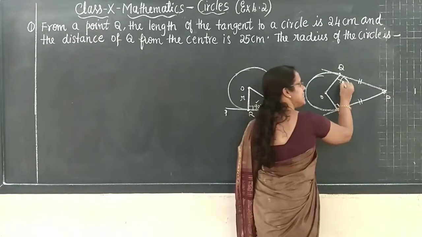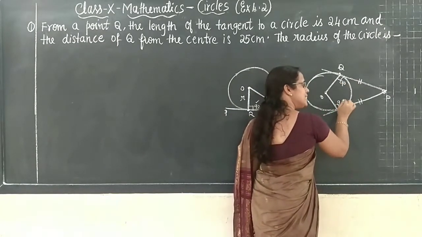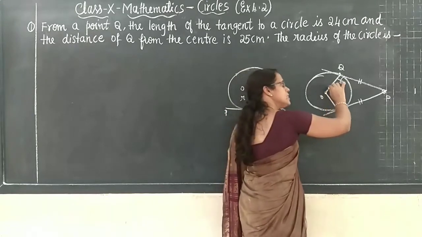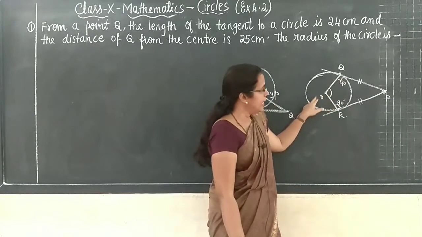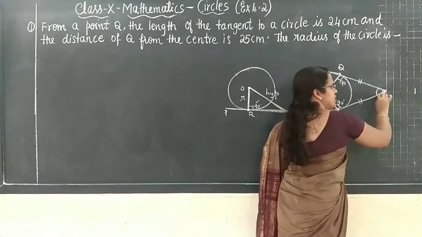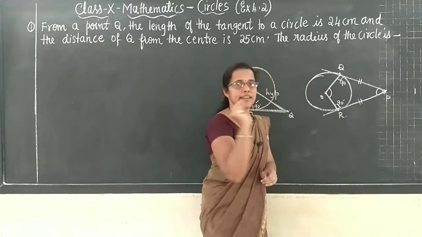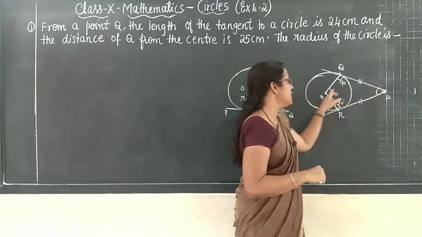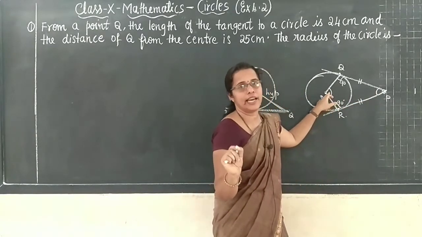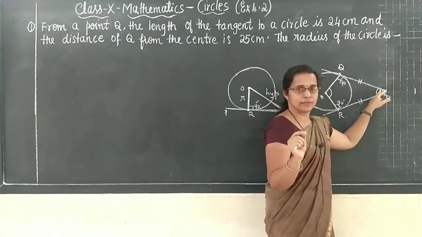This is 90 degrees, this is 90 degrees, right? This is called the angle at the radius. This is the angle at the tangents, the angle inclined at the tangent. Children, this angle is the angle at the radii, and this is the angle at the tangent.